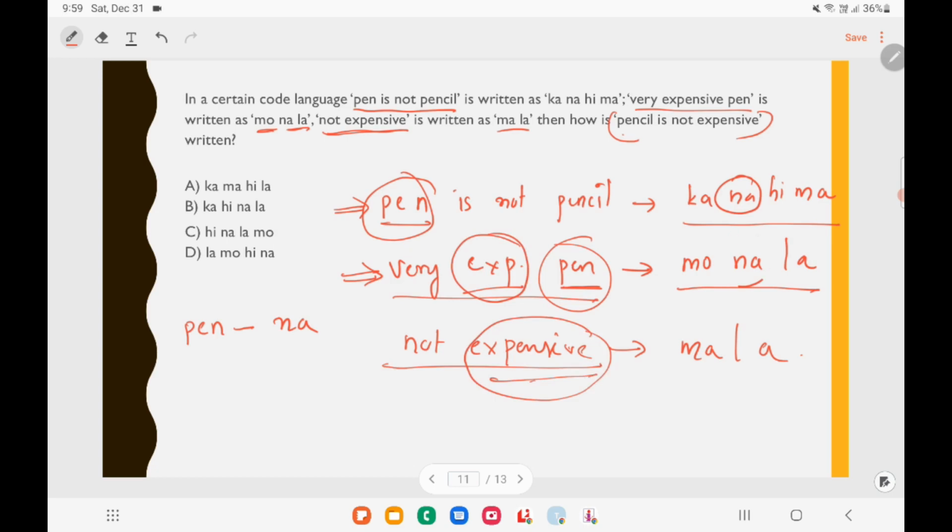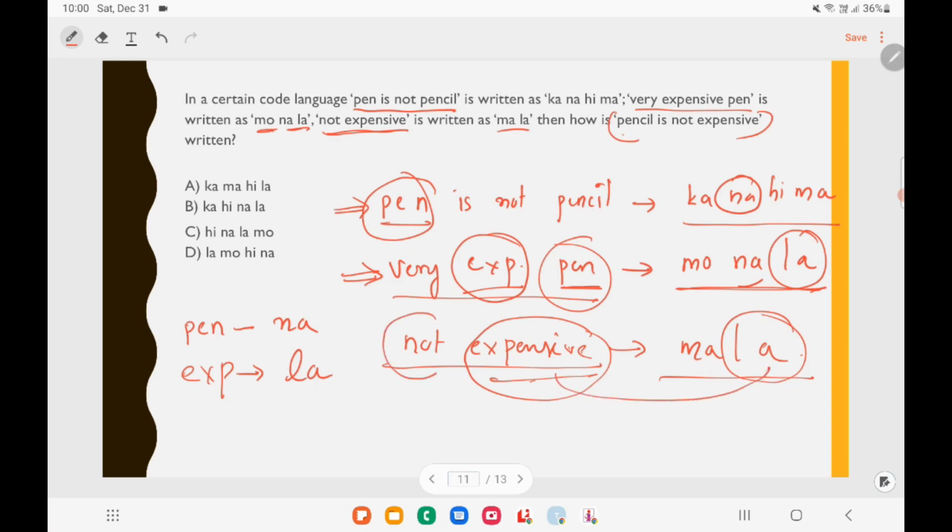So if you check this one and this one, la is the common word. So that means expensive corresponds to la. So if expensive corresponds to la, not corresponds to ma. So you know that not is ma. So we know that pen is na and not is ma.